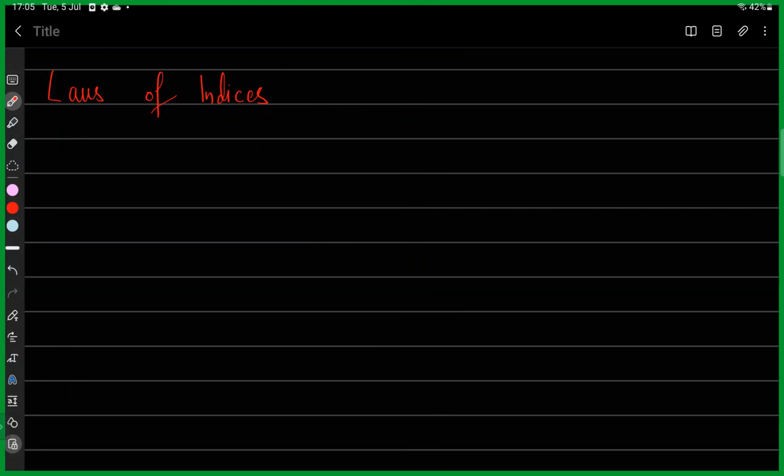Before talking about this, let's just talk about the notation. For example, if I have a number a power m, this m is basically the index. It is the power, or you can also call it the exponent. I'm just talking about the notation.